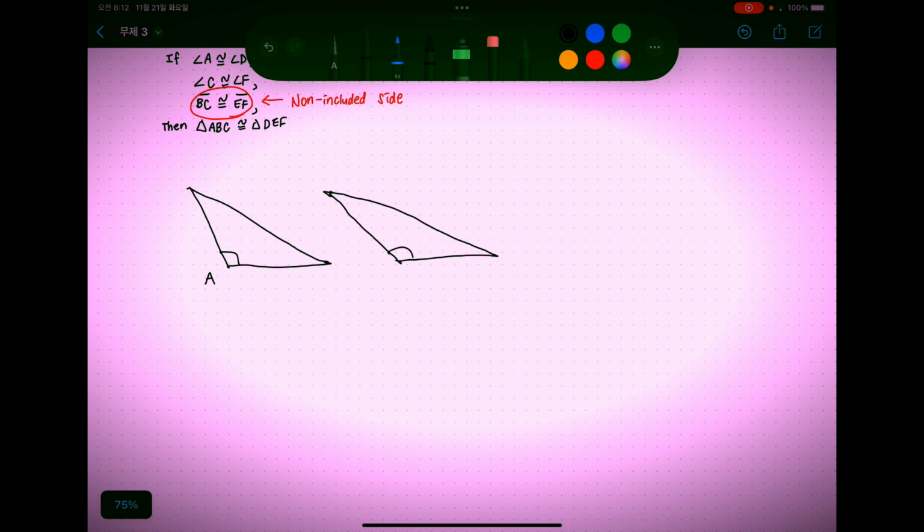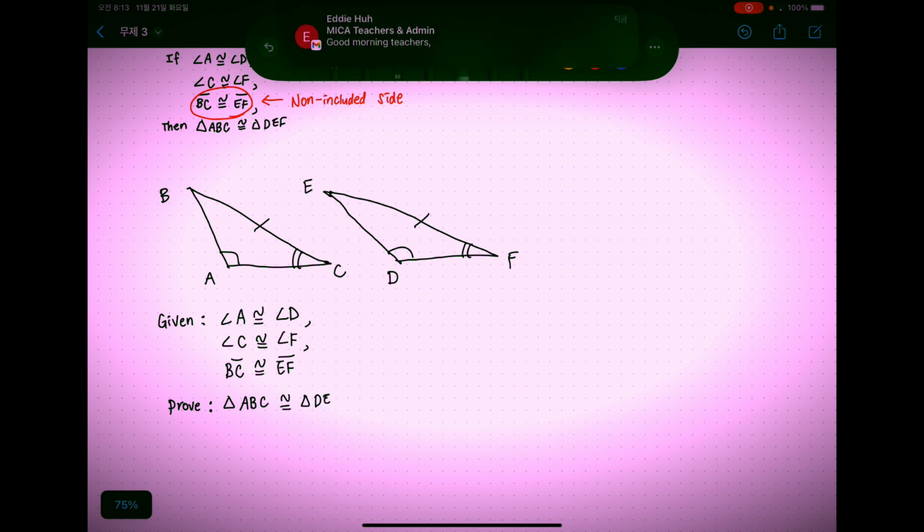E, D, C. They're a little bit shriveled up triangles, but this will do for now. So we're given that angle A is congruent to angle D, angle C is congruent to angle F, and BC is congruent to EF. And we have to prove that triangle ABC is congruent to triangle DEF.